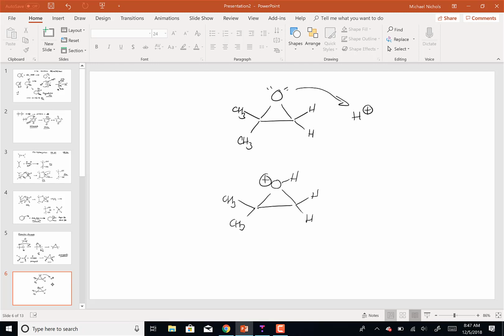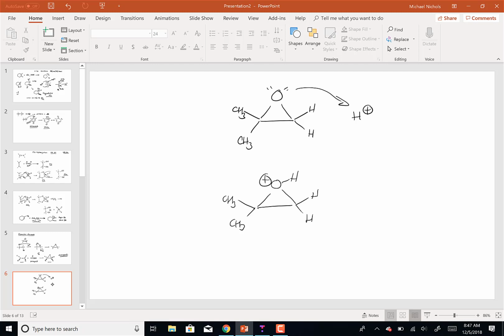And what did the mercurium ion look like that we had seen earlier? Starts with B. Looks like a bromonium ion. So this looks like a bromonium ion or a mercurium ion.